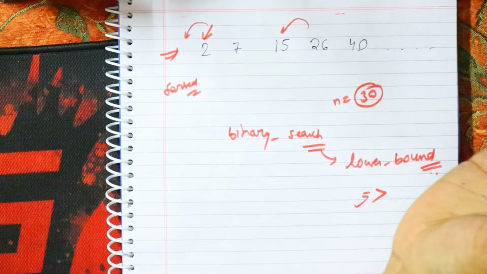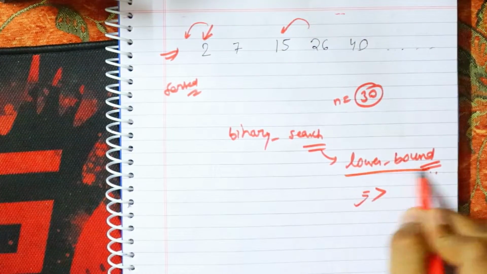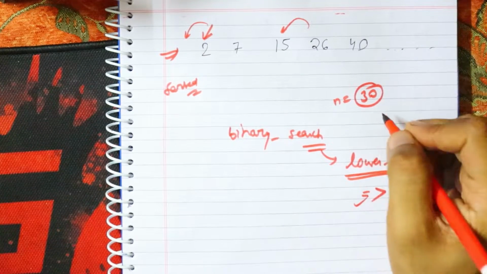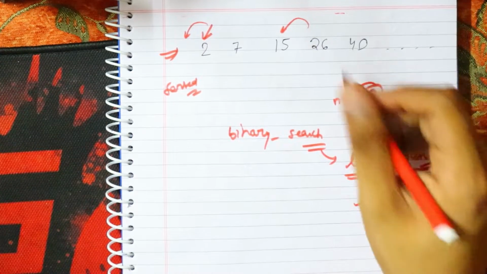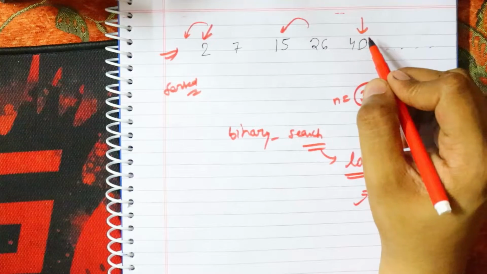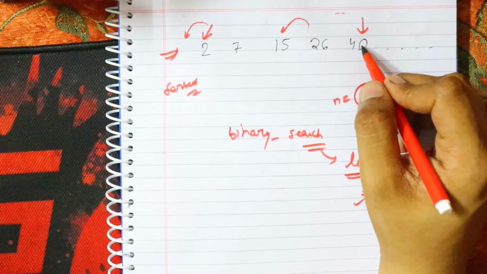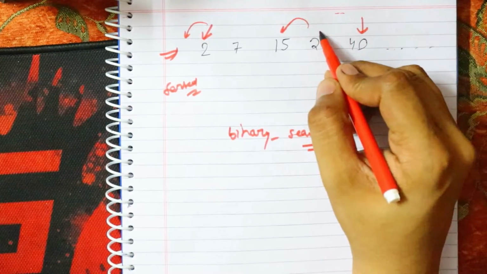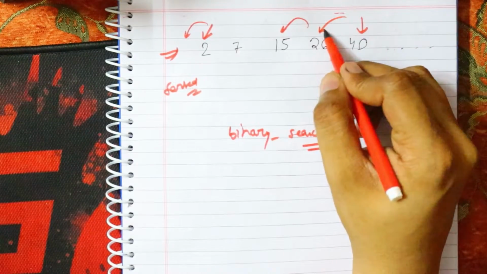So I will use lower bound and check, suppose for 30 it will be here, but it is not equal, so it should be here.